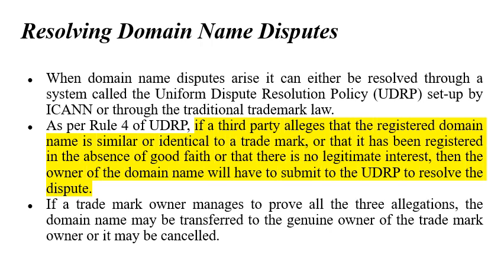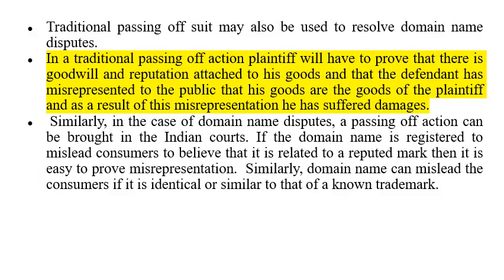If a trademark owner manages to prove all the three allegations, the domain name then may be transferred to the genuine owner of the trademark, right? Or it may be cancelled per se. A traditional passing off suit may also be used to resolve domain name disputes.